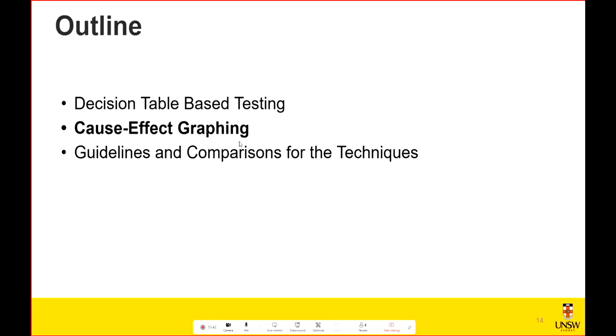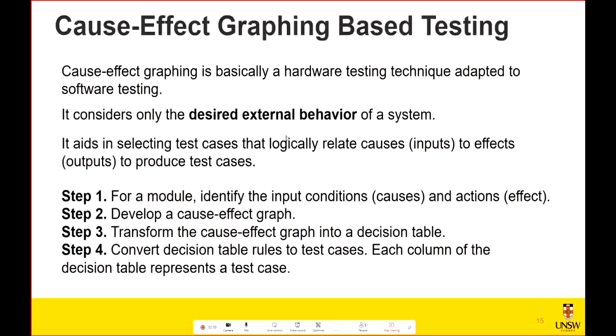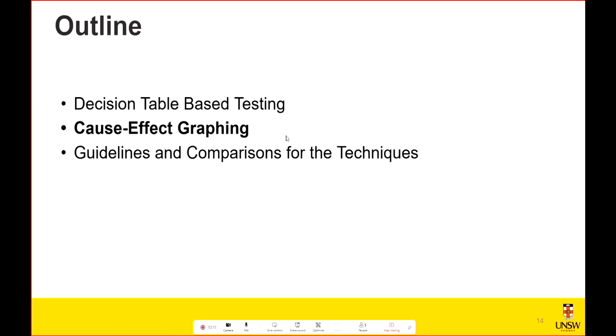So this cause effect graphing is actually not another technique for creating test cases. Instead, it is related to how we build decision tables. It is how in early days computer scientists built decision tables, because in early days the programs are not like the software we have right now.